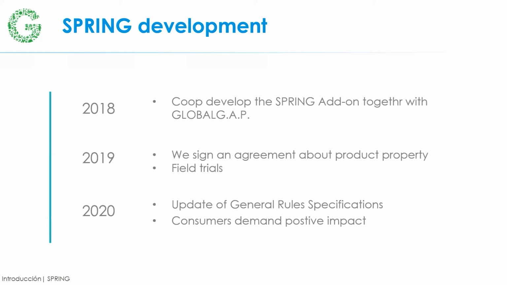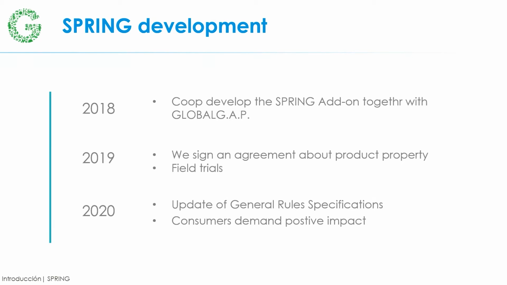At first, some retailers asked for another standard, and we realized that this is more complex and expensive for producers. That's why we looked for a solution. You know that GLOBALG.A.P. tries to keep it as simple as possible, with the integrated farm assurance and all the standard.